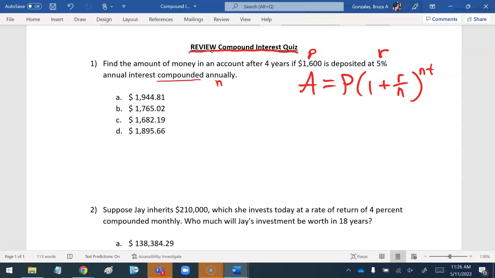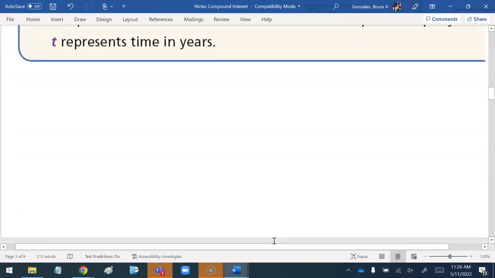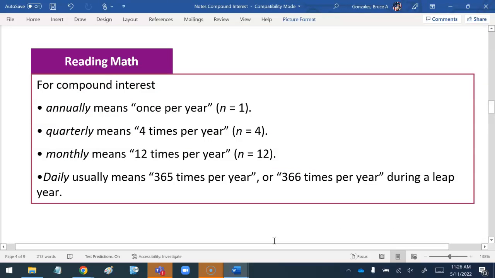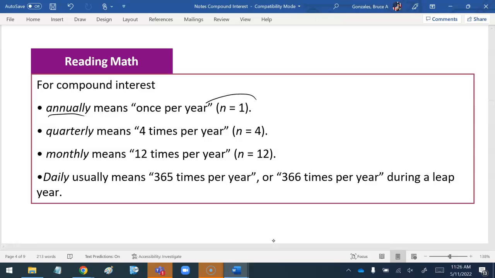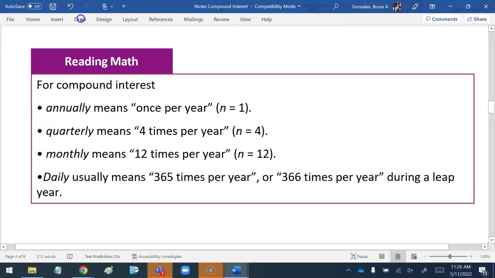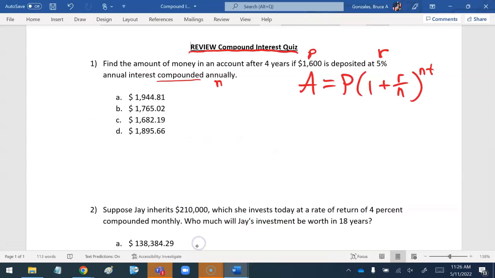That's my N. If you don't know what annually means, look at your notes right here: annually means N equals 1. And that's in your notes. And then my T, my number of years, is 4.